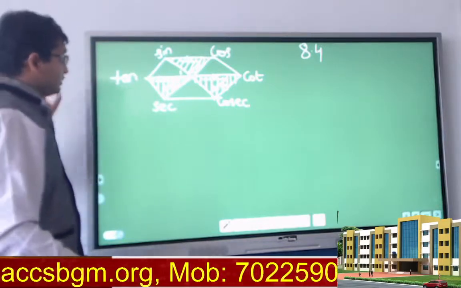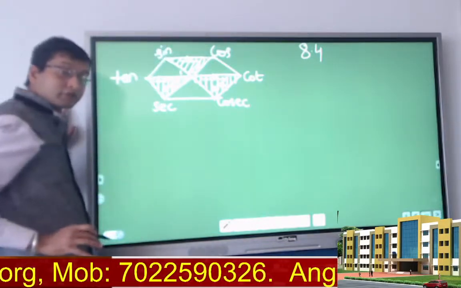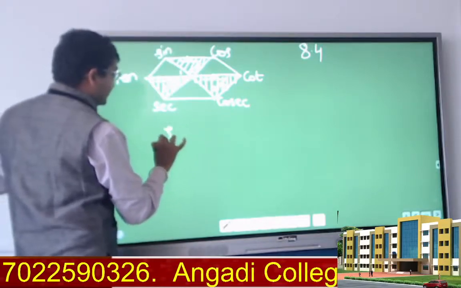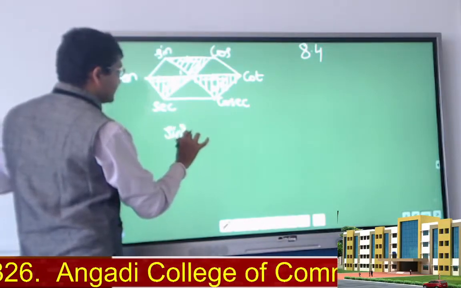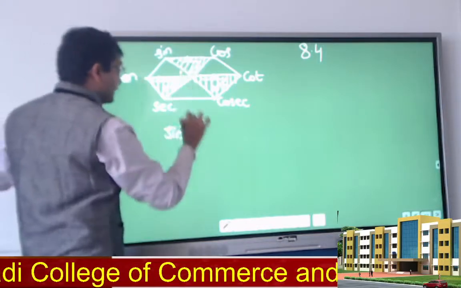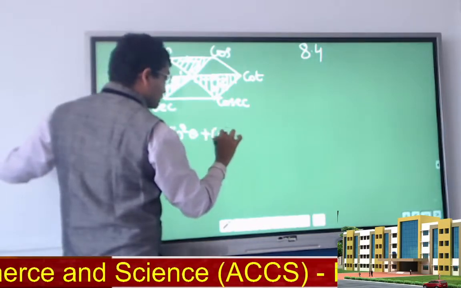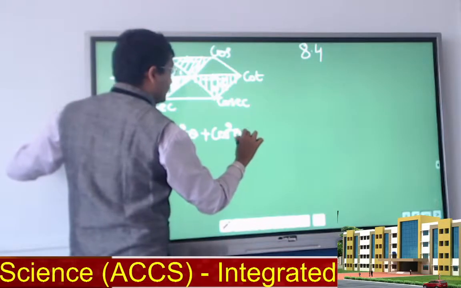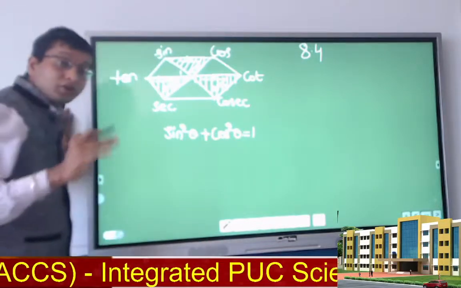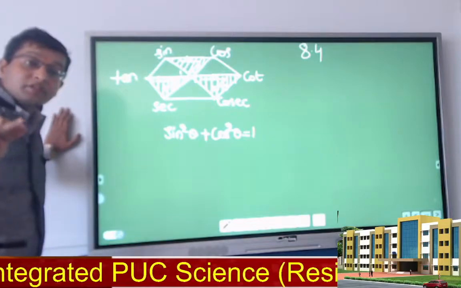Okay, so let us write the first formula. Sine is there, I square it: sine square theta, in the middle I go to plus, and then right, cos square theta equals 1. So that is the first formula.